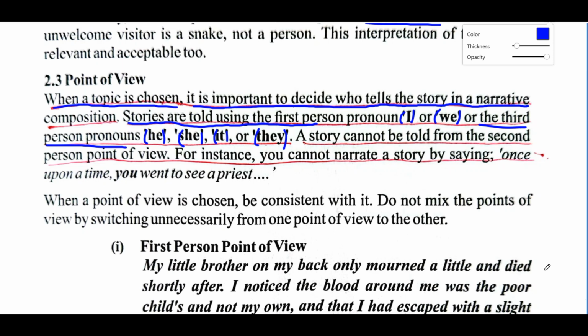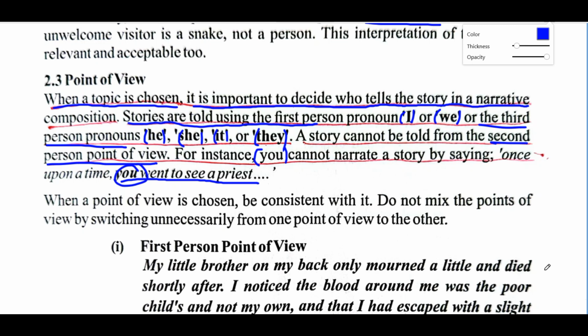Which means that you are not supposed to use the second person point of view. You can't use you. You is the second point of view. For example, you can't say, once upon a time, you went to see a priest. That won't make sense because you is in a second position and we are not supposed to use that.